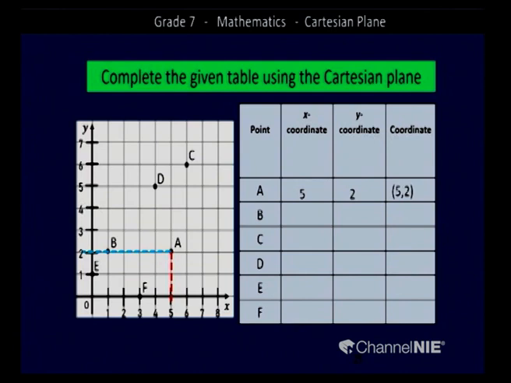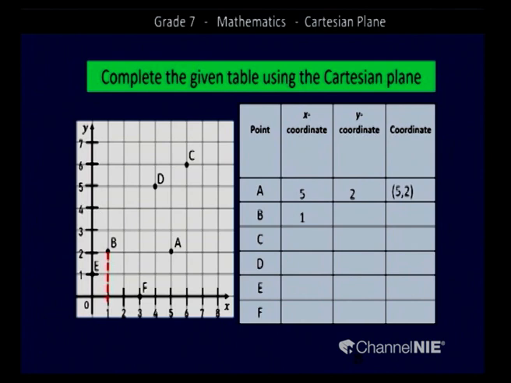So, then let us move on to point B. To get the x coordinate, once again I have drawn a perpendicular from point B to the x axis. I can see the perpendicular goes to plus 1. Therefore, I can say the x coordinate of point B is equal to plus 1.